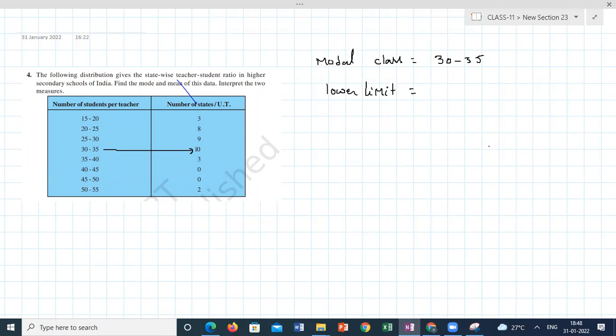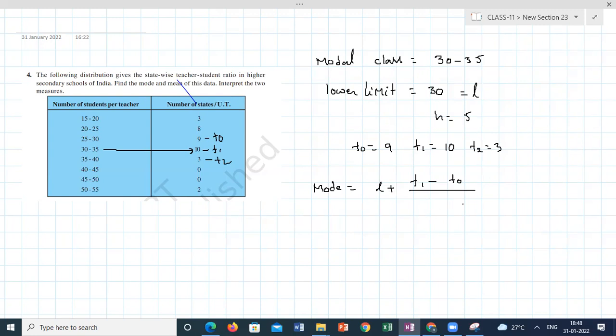So mode will be equal to L plus (F1 minus F0) divided by (2F1 minus F0 minus F2) into H. So L is equal to 30 plus, F1 is how much? 10 minus 9 divided by. Sometimes you will get a negative value also. Don't panic, just proceed with whatever you are getting.